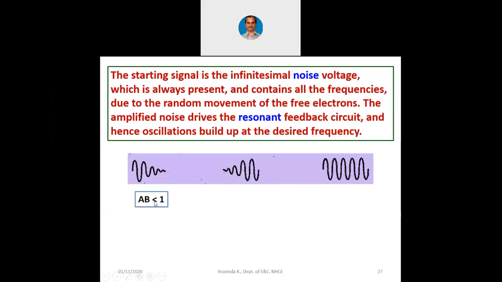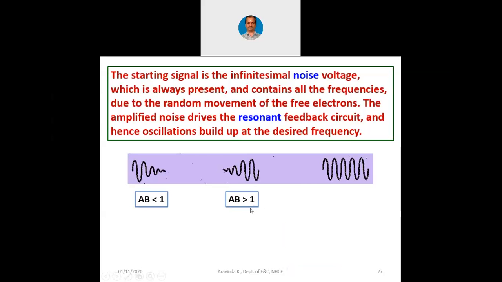Now the first case, where there is damped oscillation, is because A beta is less than 1. When the product of the gain of the amplifier and the feedback factor is less than 1, oscillations will die out, because they will not be further amplified, since it is less than unity. The second case: when A beta is greater than 1, what happens?